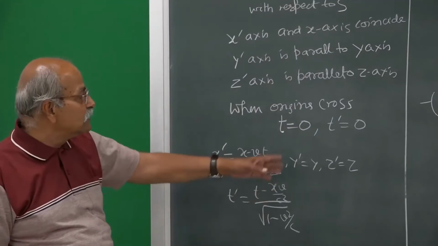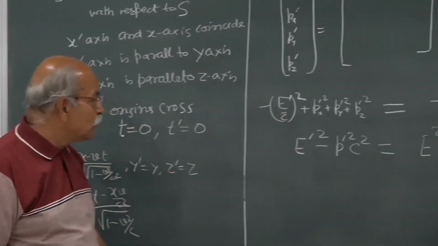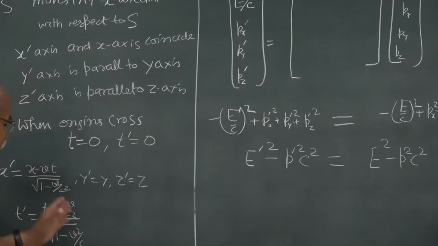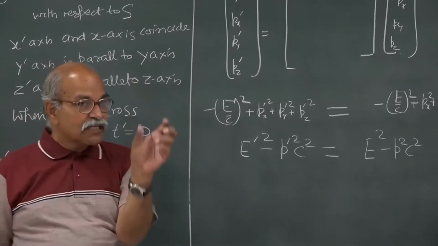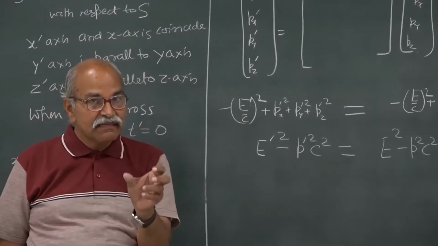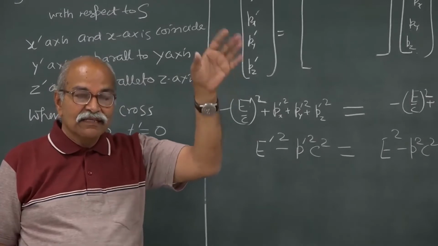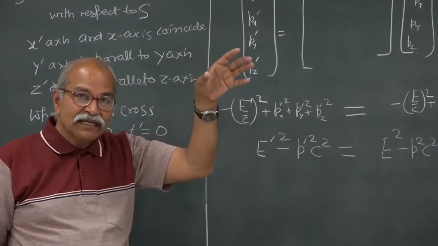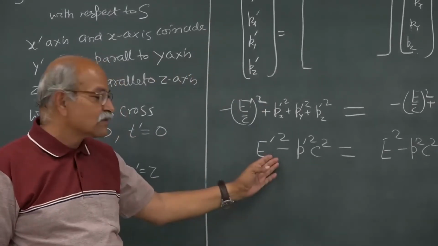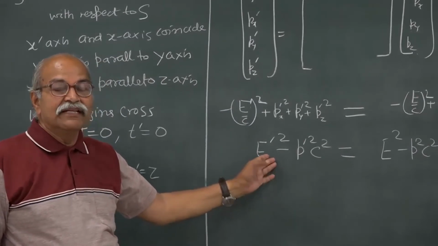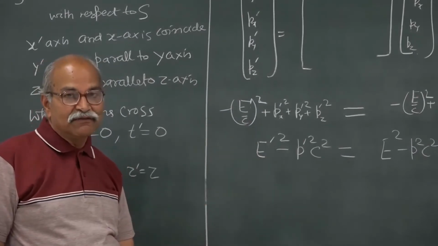I had shown a few minutes ago that if I use these Lorentz transformations and get the expression for px, py, pz and E, the total energy, I can work out what this is, and it came out to be a constant independent of the frame.